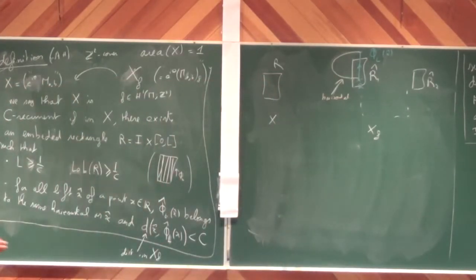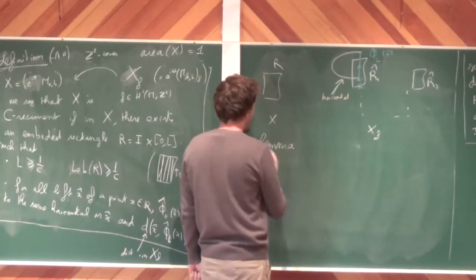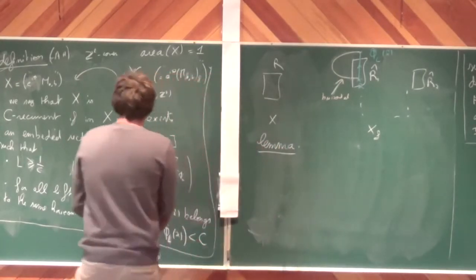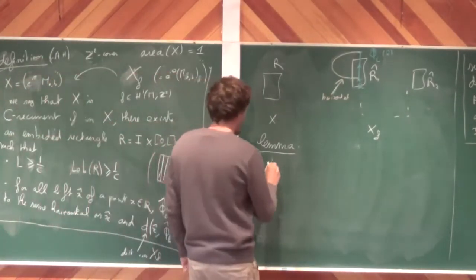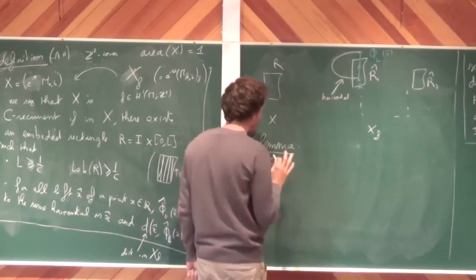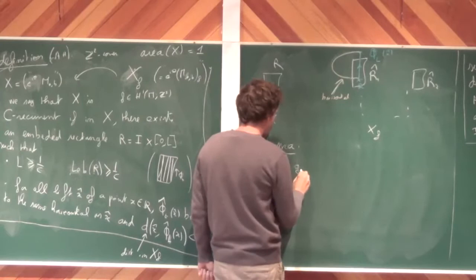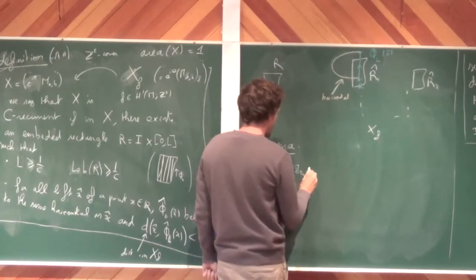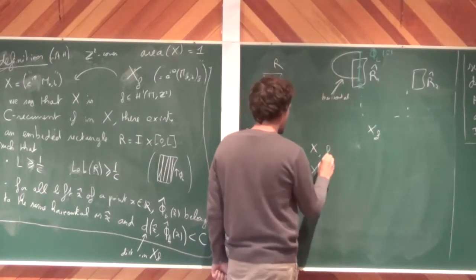And the lemma, the wonderful lemma. So what is it? This is about the Teichmüller flow now. As before, we fix x and f.